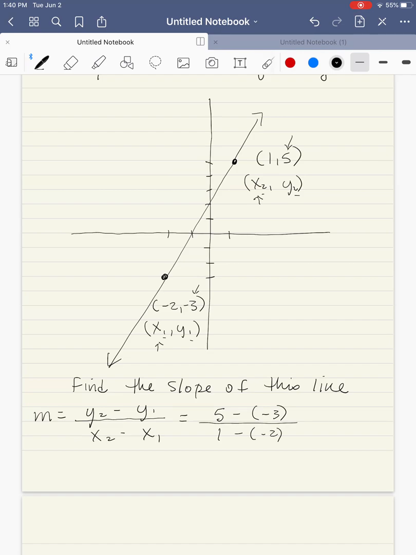And again, watch your negatives. So we have 5 plus 3 is 8 over 3. And we see that our slope is 8/3. That we went up from this point to this point, we went up 8 units and over 3 units.